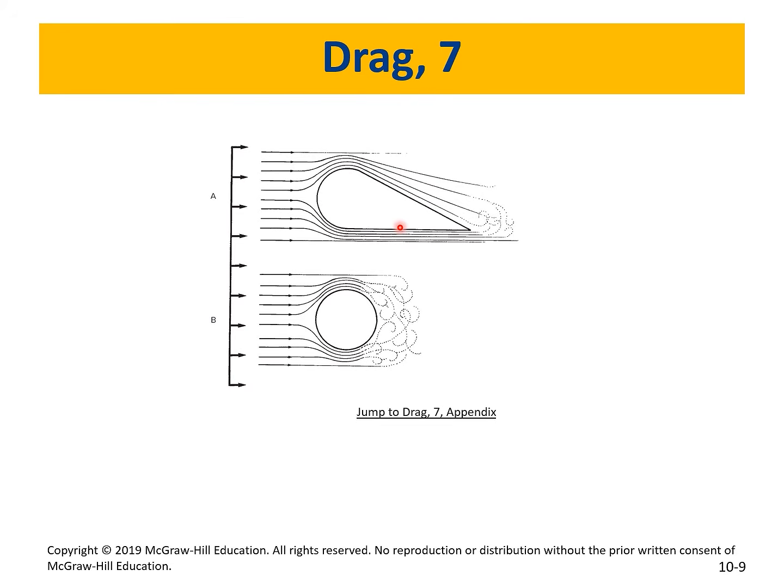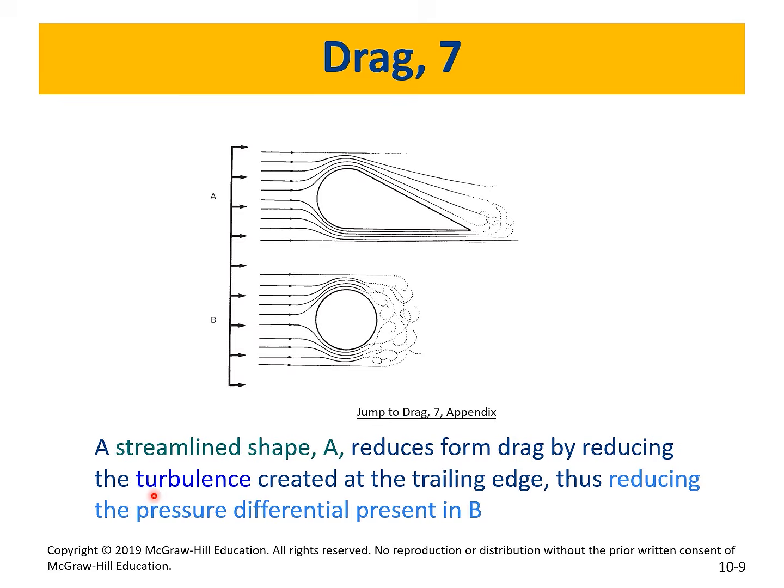Make sense? The form drag. If it's spherical, the big difference in the pressure, that's going to cause a big resistance or drag force. So streamlined shape A reduces the drag by reducing the turbulence created at the tail edge, thus reducing the pressure difference, and that is going to reduce the drag force for us.